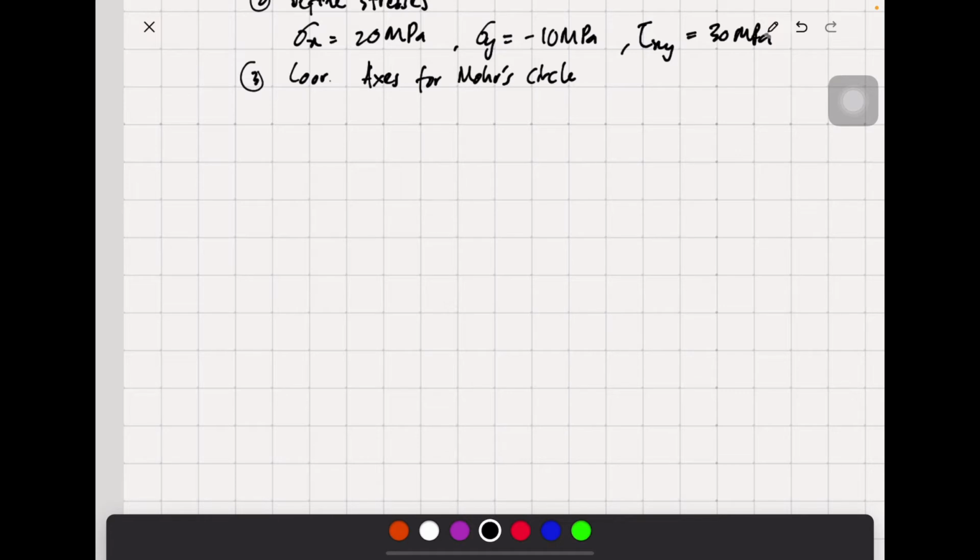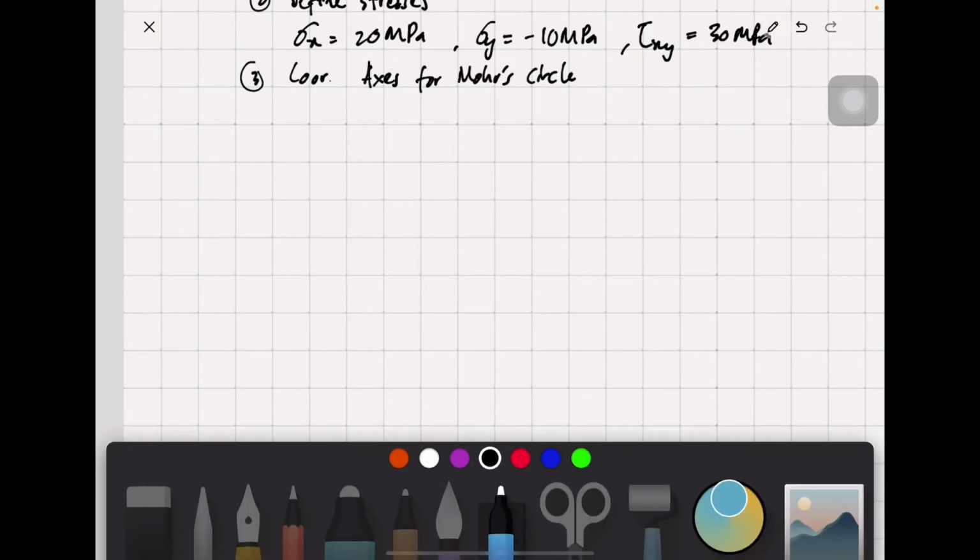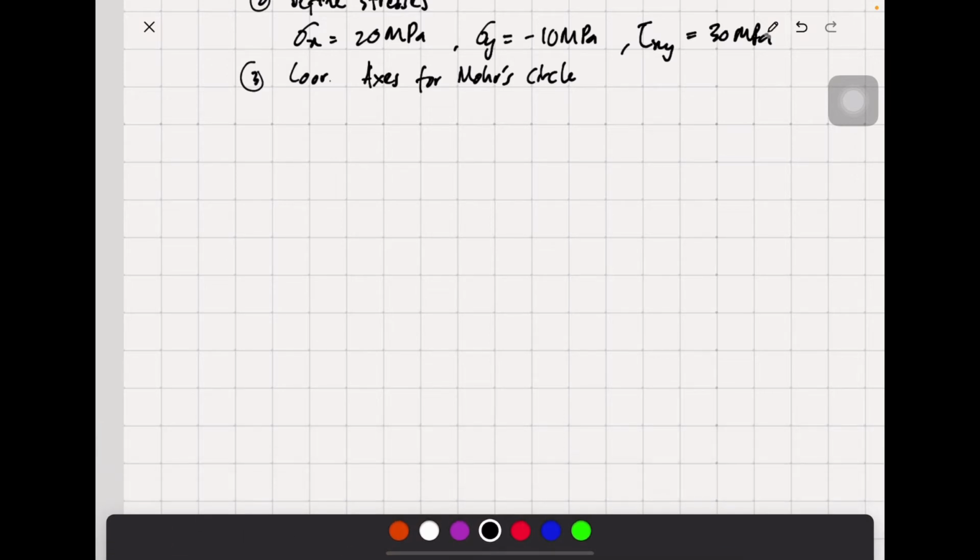So first of all, I'm going to draw the first axis, which is the positive for my normal stress going towards the right, right? So this is my positive sigma. I'm going to put it over there, and going downward, this is my positive tau, which is shear stress.